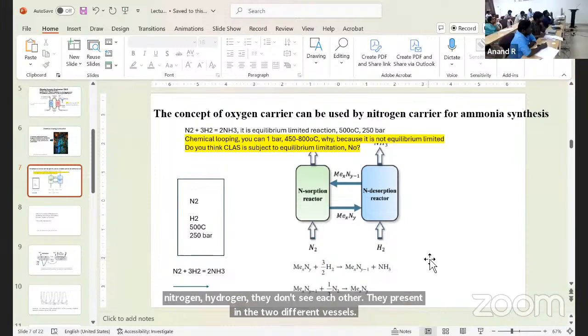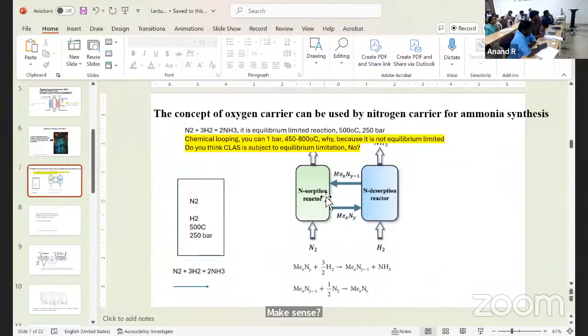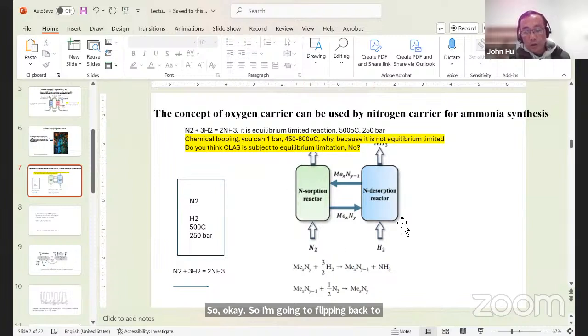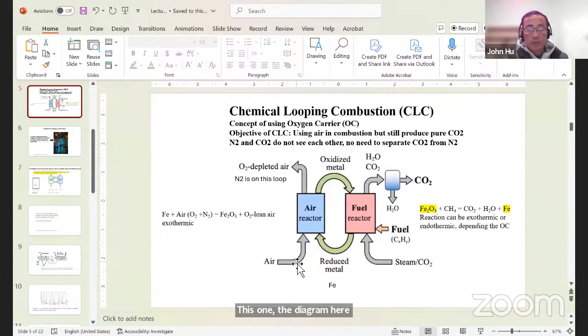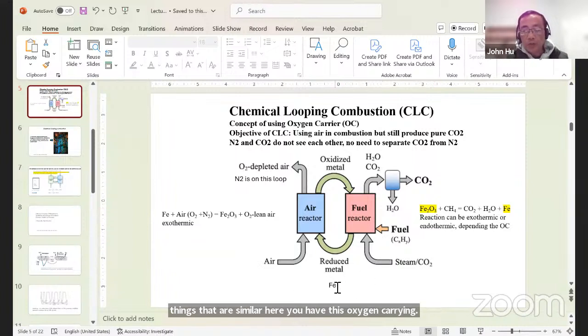Yes, sir. So, okay. I'm going to flip back to how similar this diagram is to this one. You don't think it's similar? Here you have this oxygen carrier, which is the iron oxide and iron.